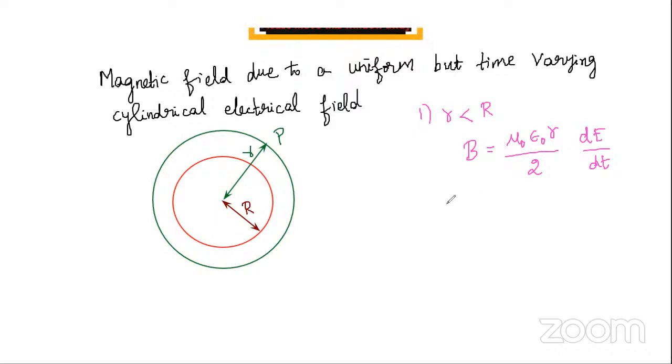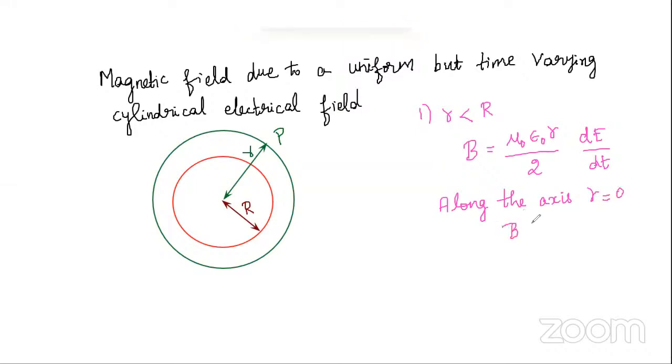Here the magnetic field is directly proportional to small r. So along the axis of this cylinder, what happens? Your small r will be 0.